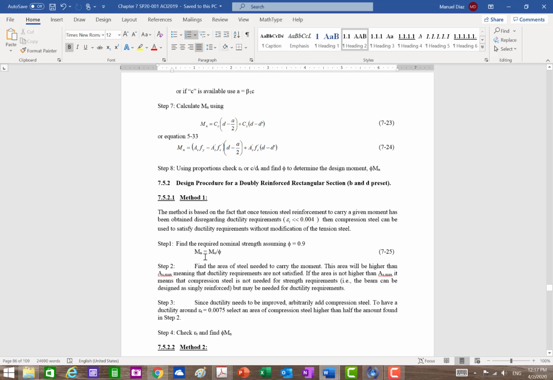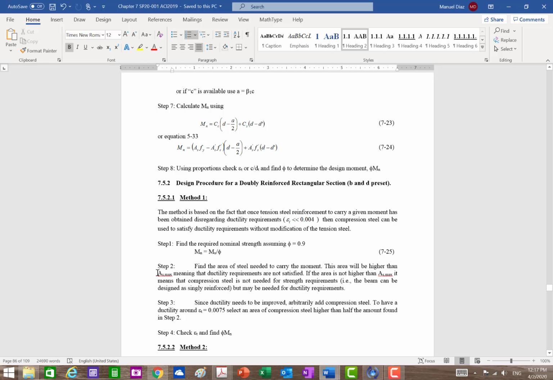You start by taking your moment, right? And so you take your moment from the applied loads. You assume a phi factor of 0.9, you divide, you get your Mn. You find the area of steel that you need for this moment. Yeah? This area will be usually, if you need compression reinforcement, a lot higher than the As maximum.